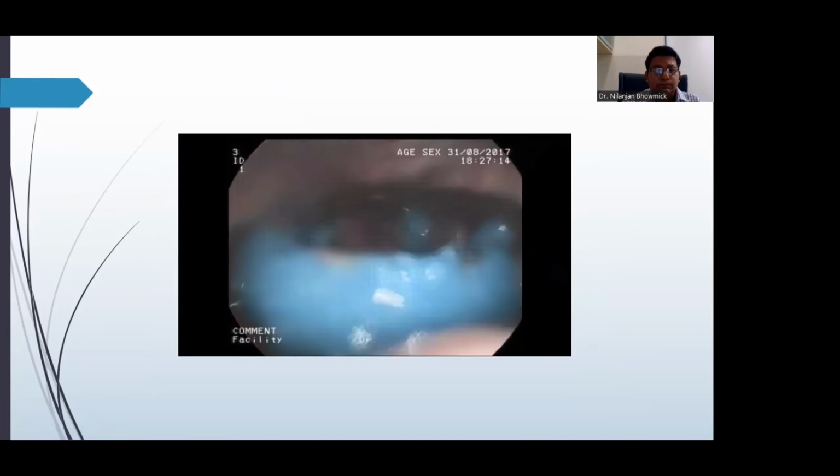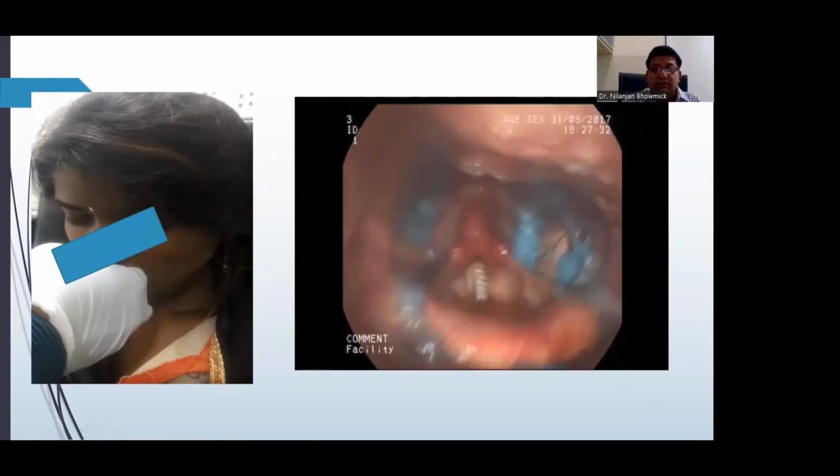What could be seen on the FEES examination immediately is that in spite of the residue buildup, as she does a chin tuck maneuver and an effortful swallow, the residues start getting cleared. So this is the sort of feedback that you can receive during the FEES examination itself, letting us know what could be the therapeutic maneuvers that can be initiated in a patient.